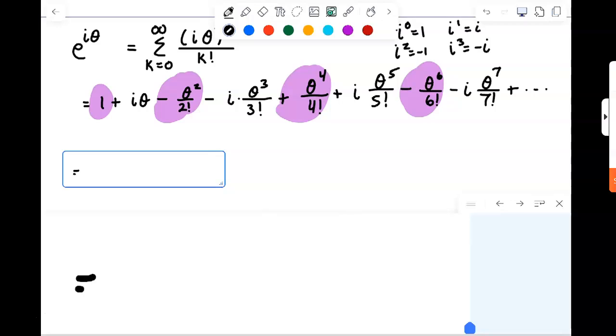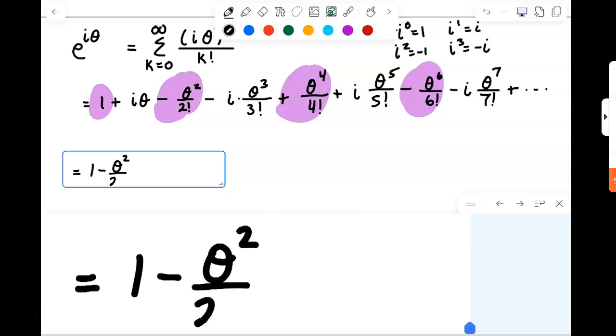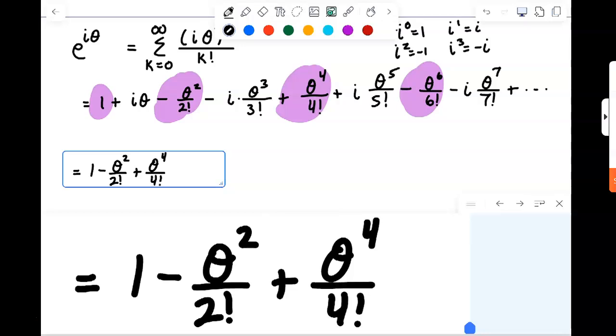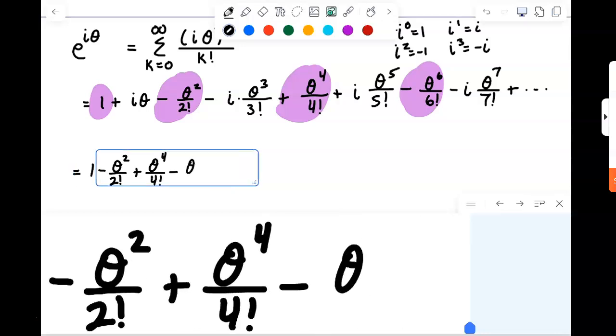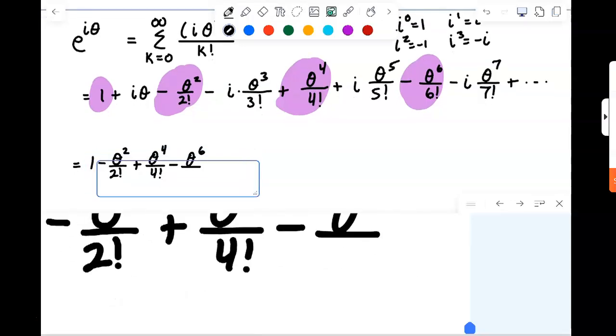So I'm going to group all the purple ones together. So we have 1 minus theta squared over 2 factorial plus theta to the 4th over 4 factorial minus theta to the 6th over 6 factorial.